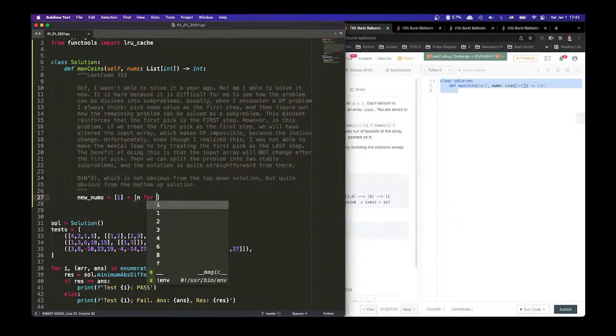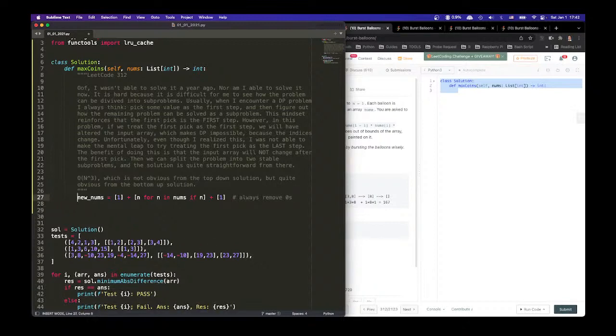So we say n for n in nums if n. So always remove zeros first, because if you don't, you're risking removing something else that will lead to 0. And removing 0 by itself doesn't cost anything.